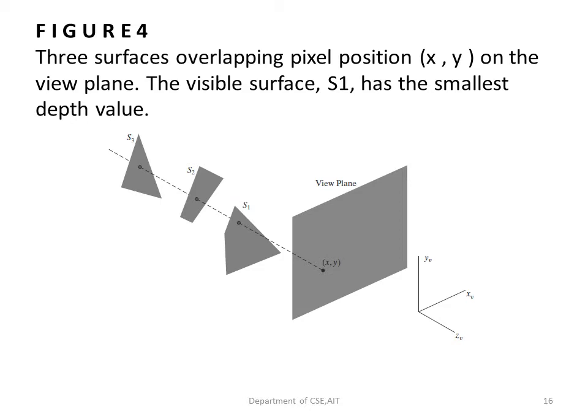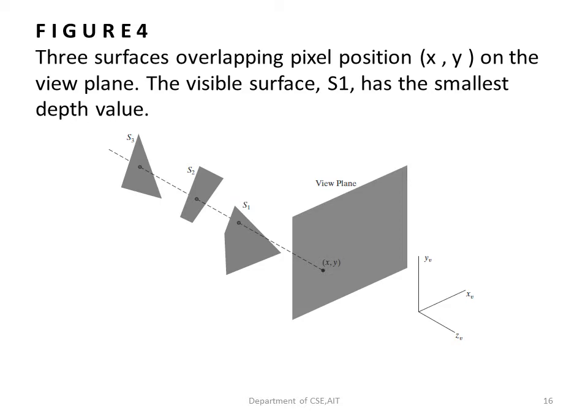Why? Because it is lying very close to the view plane, so that point will be marked. If I compare S2 to XY or S3 to XY, it won't be as small as S1 to XY. So obviously, on S1 at that point, whatever the color and whatever the depth, that will be taken as the final value and put onto the view plane.